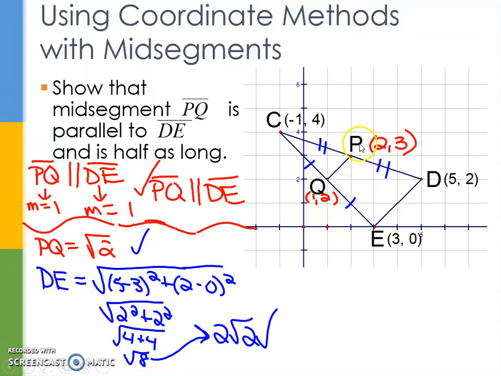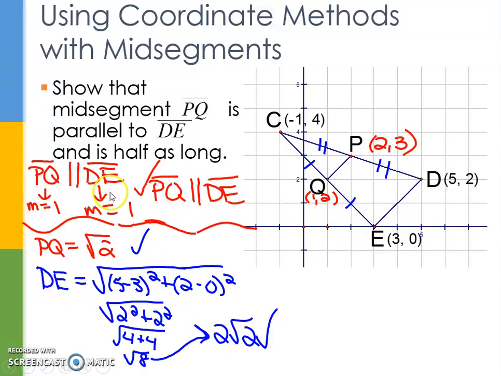So QP is a midsegment. That is the only midsegment; this triangle has only one. Then what's this? DE. That's the third side. Side 1, side 2, third side. So you have to show that this midsegment QP is parallel to DE and is half as long.